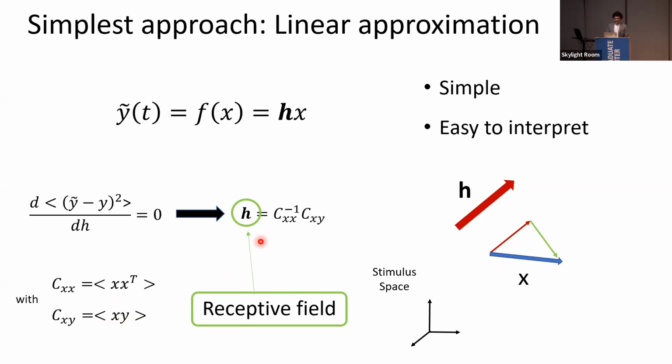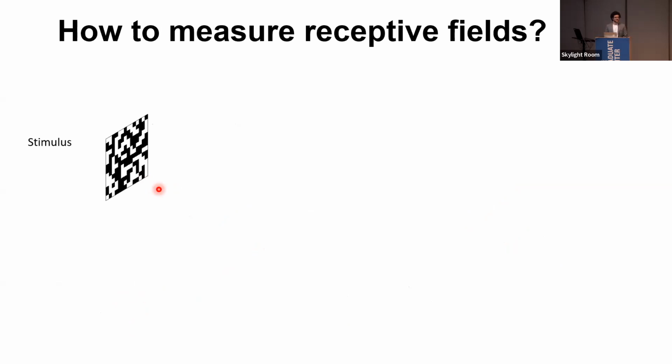People set out to measure this H using stimuli called white noise checkerboards that look like this. They use them because by construction they have a stimulus autocorrelation function that is identity, because they're noisy. And so here the receptive field is just the weighted average of the stimulus by the response, and that's exactly how they measured it.